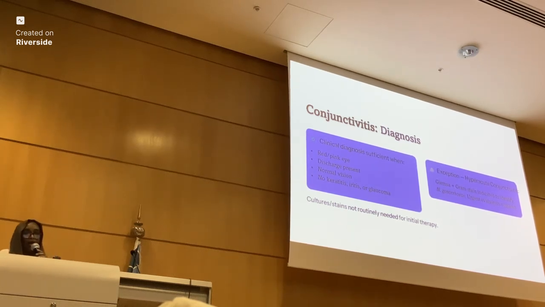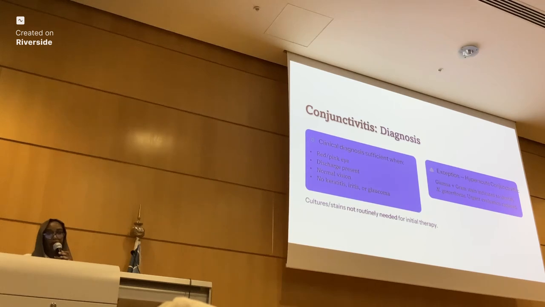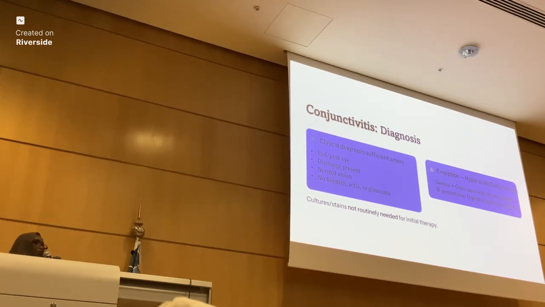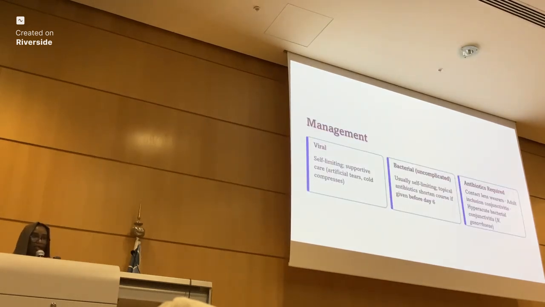So you send your swab from the eye discharge, and then you look for a Gram stain. If you think of Neisseria gonorrhoeae, you look for Gram-negative diplococci. If you think of chlamydia, you use Giemsa stain, and you're looking for inclusion bodies that appear in Giemsa stain.